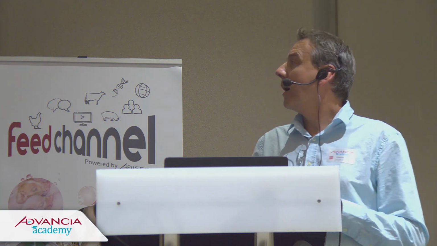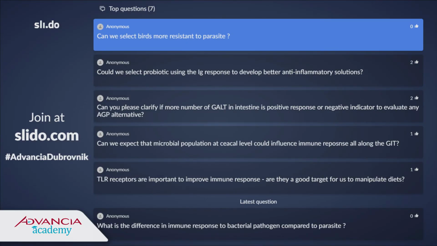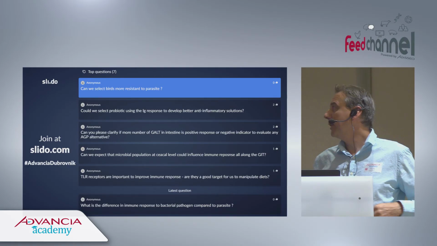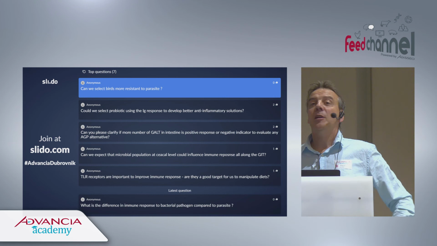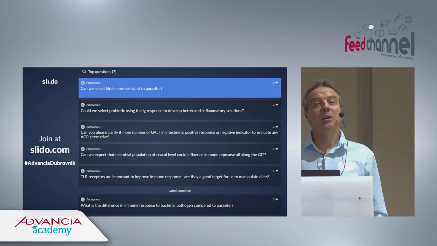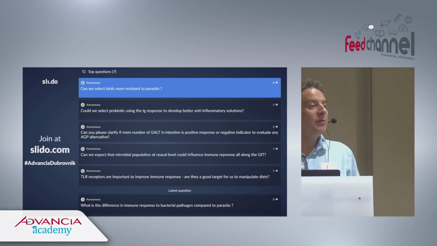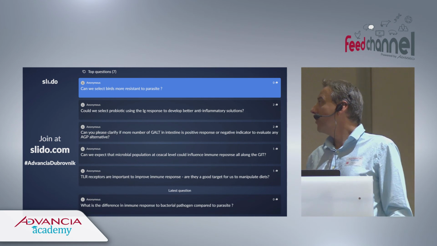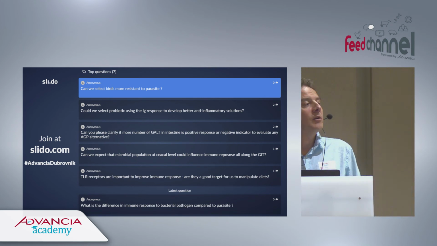What are the differences between a bacterial pathogen compared to a parasite? It depends what you call parasite. If you're talking about worms, it's completely different. But with intracellular parasites like Cryptosporidium, for example, some of the mechanisms could be similar.